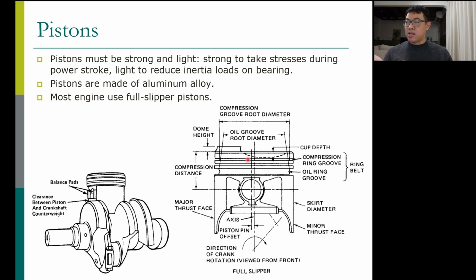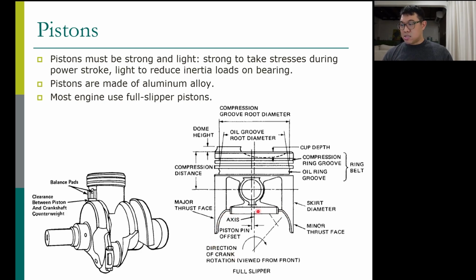You can design the piston head to support the combustion chamber. You have to have grooves for the compression rings and oil rings. You also have to have a hole for the piston pin, and then you have the skirt on the left and right, on the front and back of the piston.